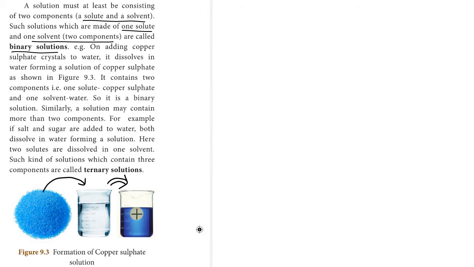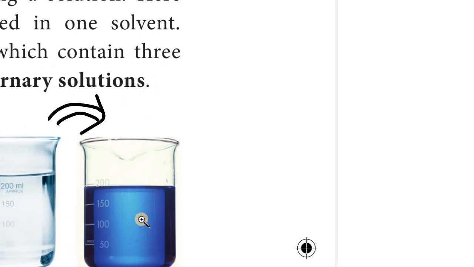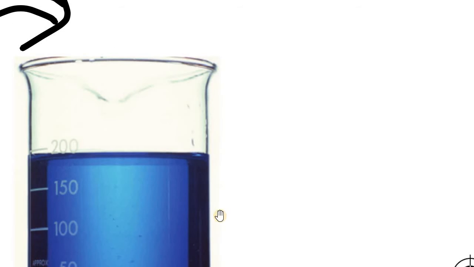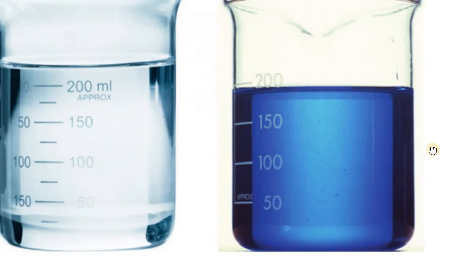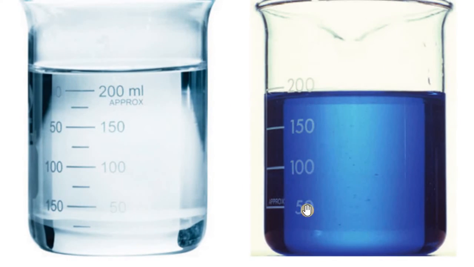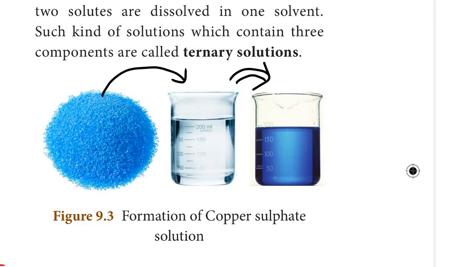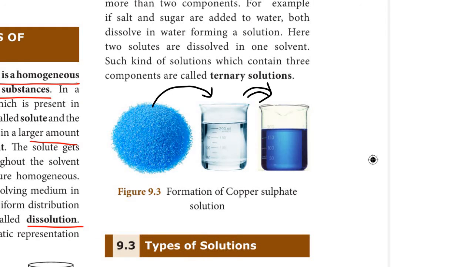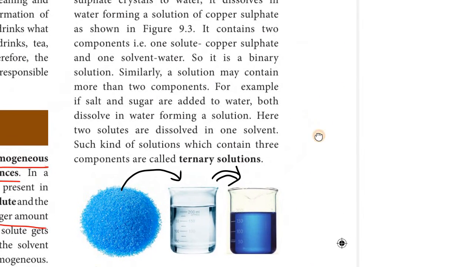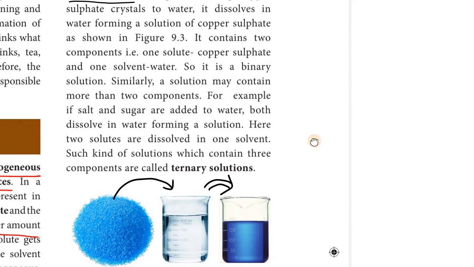And most importantly, it is uniformly colored. Just let me zoom it a little bit more. See the color of the solution itself, it's uniformly distributed. It's not that it is darker over here and lighter over there. No, it's more or less uniform. So this is because this is a solution, right?